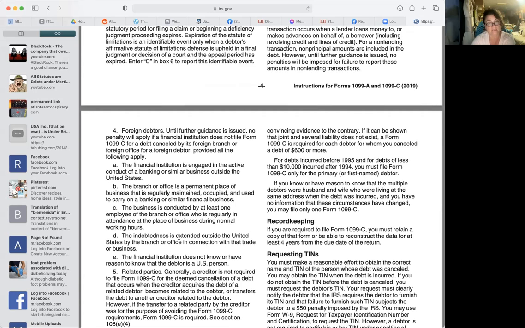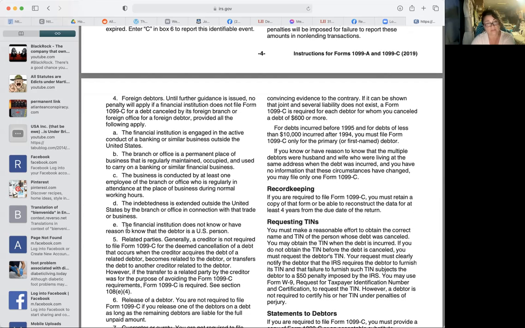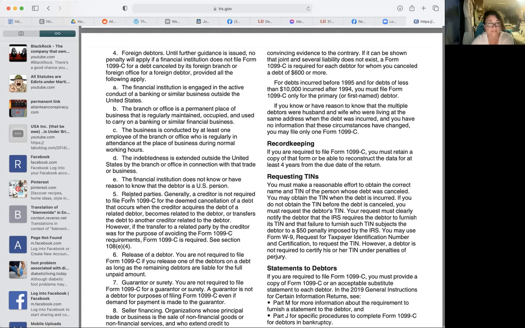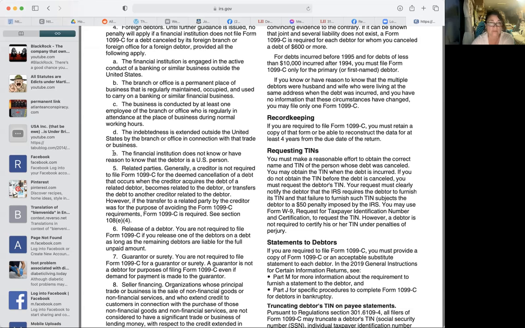The indebtedness is extended outside the United States, which we know is Washington, D.C., by the way, the 10 square miles. This is a corporation. By the branch or office in connection with that trade or business. The financial institution does not know or have reason to know that the debtor is a U.S. person. All right, we gotta break this down a little bit more because I'm a little confused here.